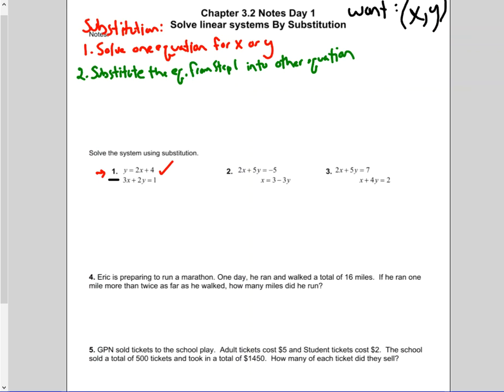Let's do that here. Substitute the equation from step 1 into the other equation. So in problem number 1, we have y is equal to 2x plus 4. That's our first equation, we already solved for it, and 3x plus 2y is equal to 1.